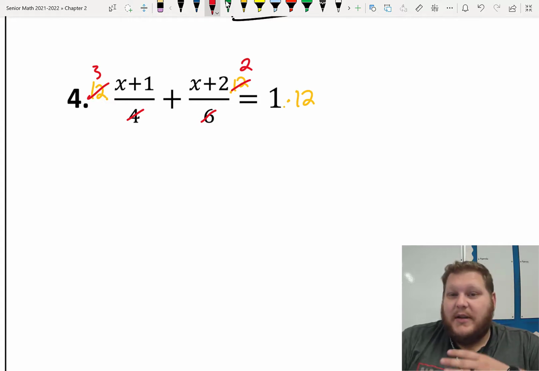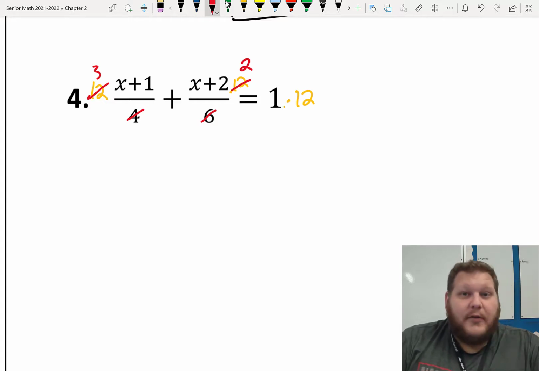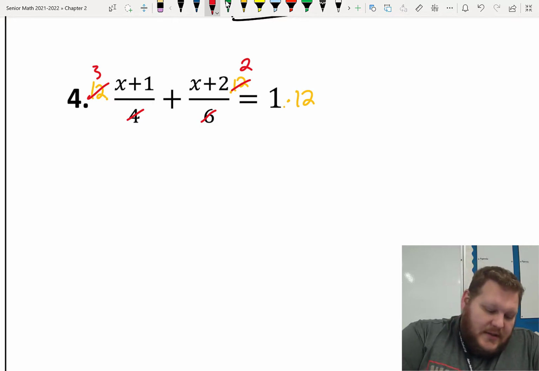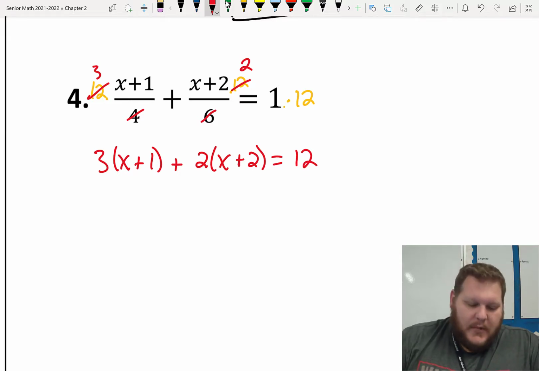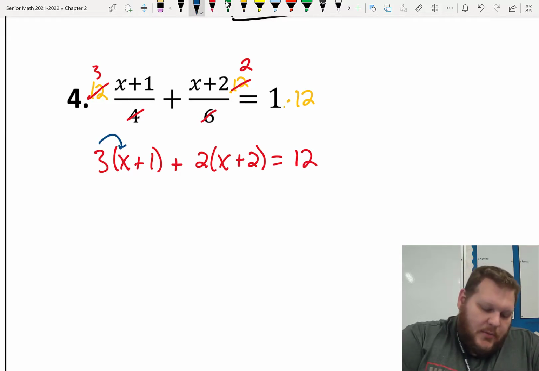Now be careful here because I'm multiplying my entire fraction by 3, and by 2. So this is still set up similarly to that last one, where we have our quantity that's multiplied by a number. So I'm still going to be distributing in here.